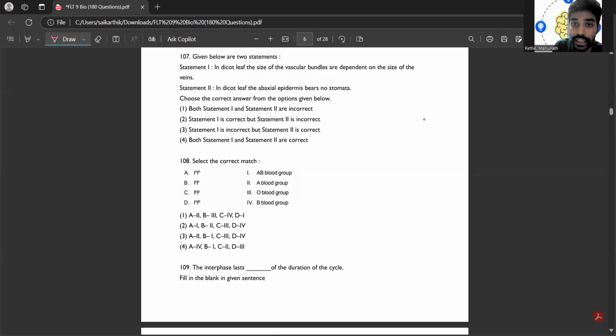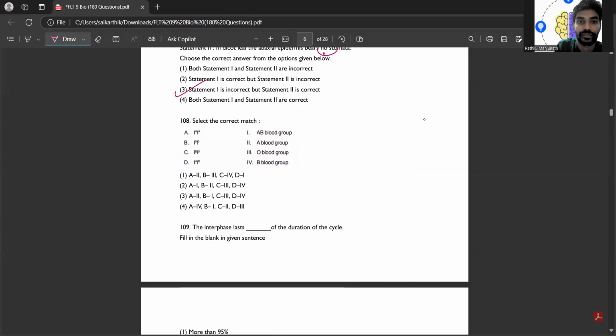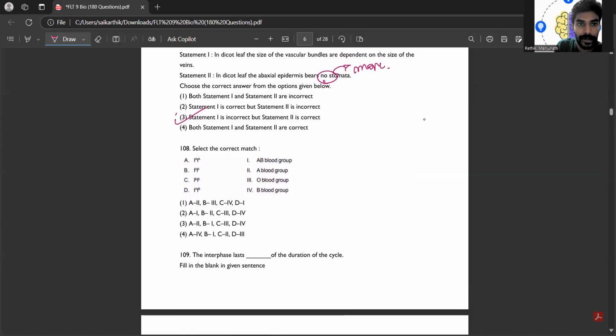No, rather, it actually bears more stomata. So what would be the correct option now? The correct option would be: statement 1 is correct, but statement 2 is not correct. So, option 2.